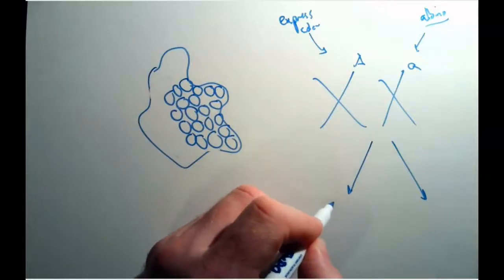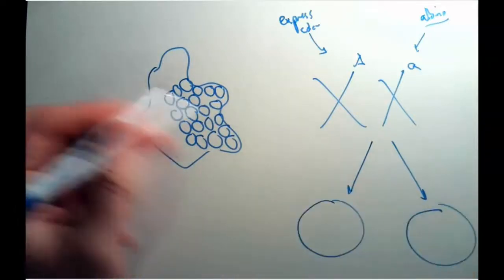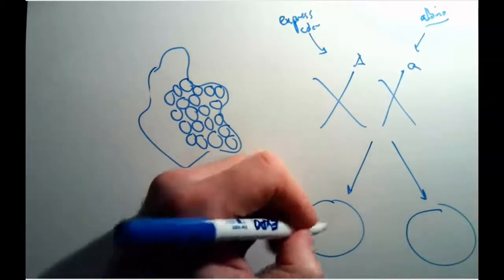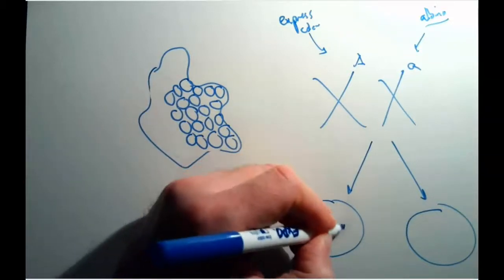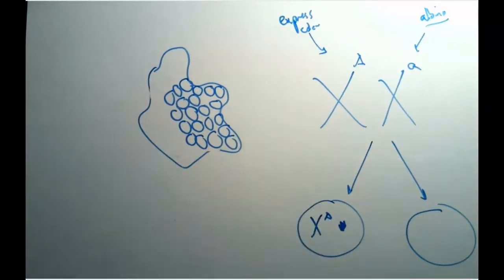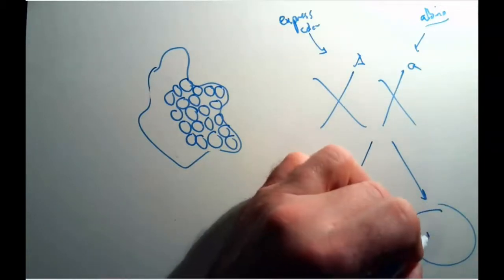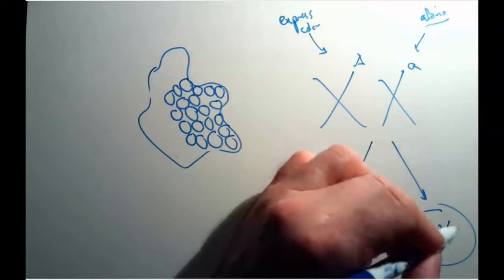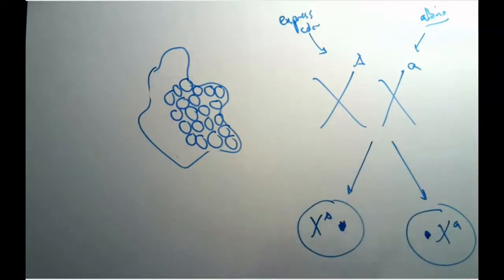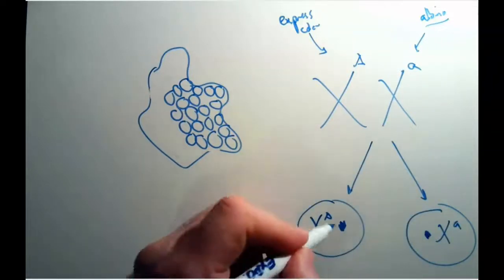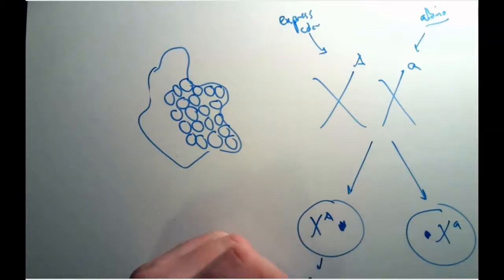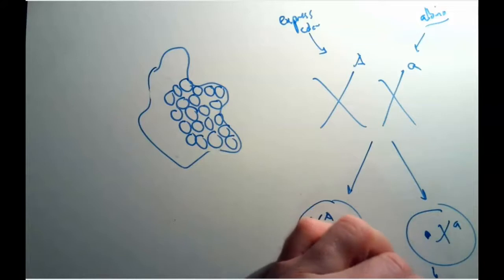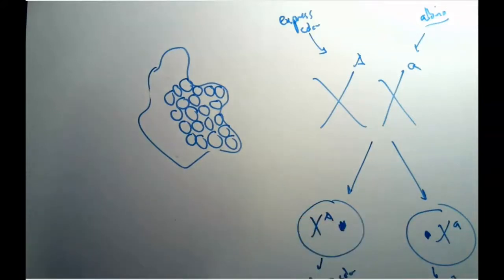So essentially, randomly, half of the cells in this female cat's skin will inactivate the recessive chromosome, the chromosome carrying the recessive trait. But equally randomly and equally likely, another half of cells are going to inactivate the chromosome that has the dominant allele. So all of these cells will express fur color, and all of these cells will express white fur.